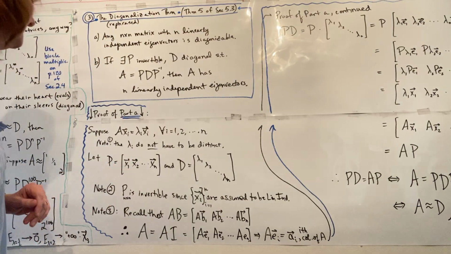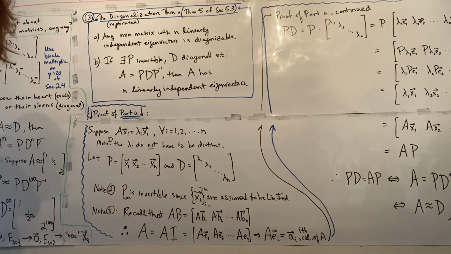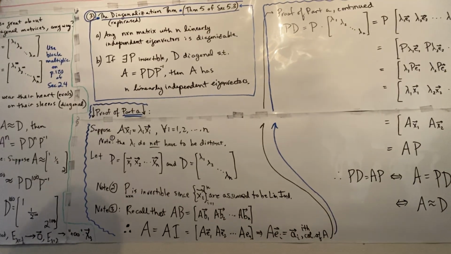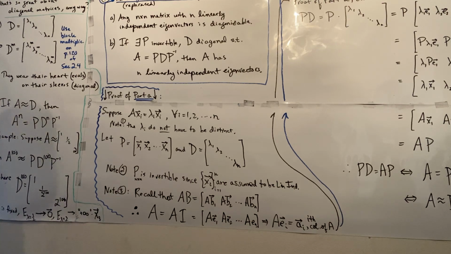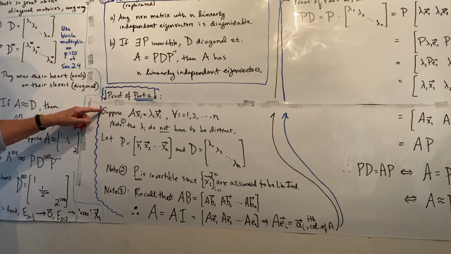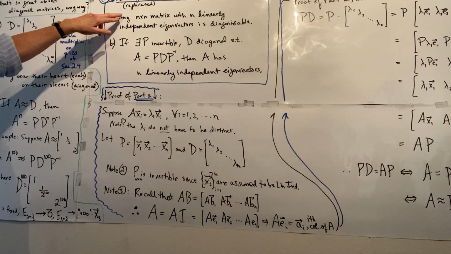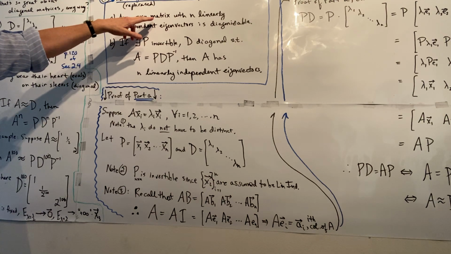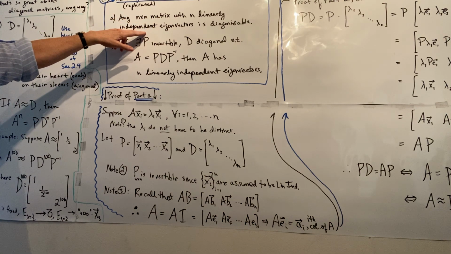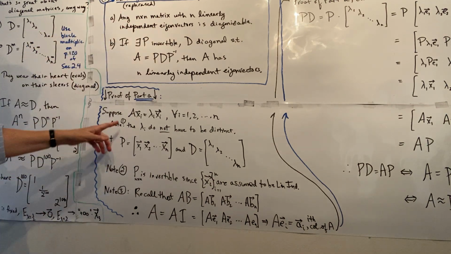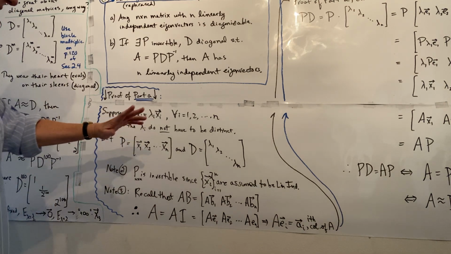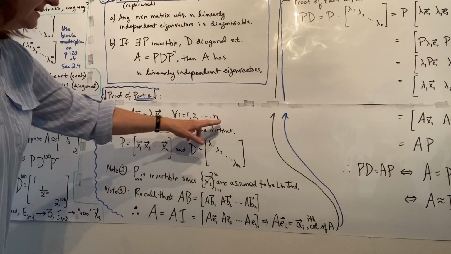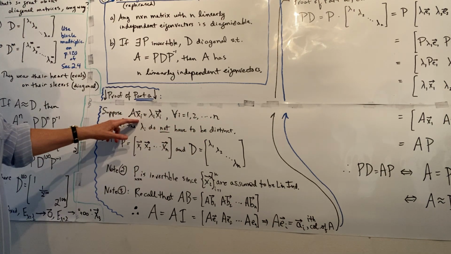So let's look at the proof of part A. It starts here. We're assuming that we have an n by n matrix that does have n linearly independent eigenvectors. We're going to show it is diagonalizable. So line up its n linearly independent eigenvectors.